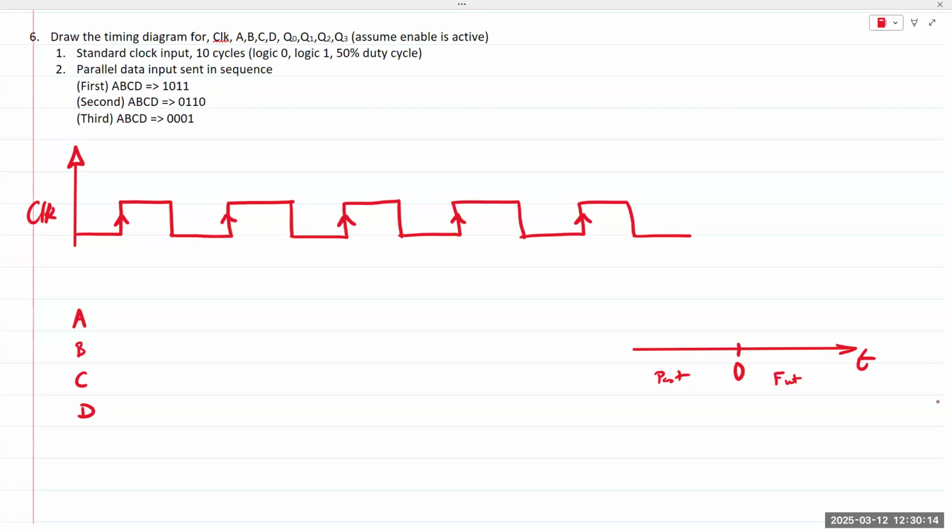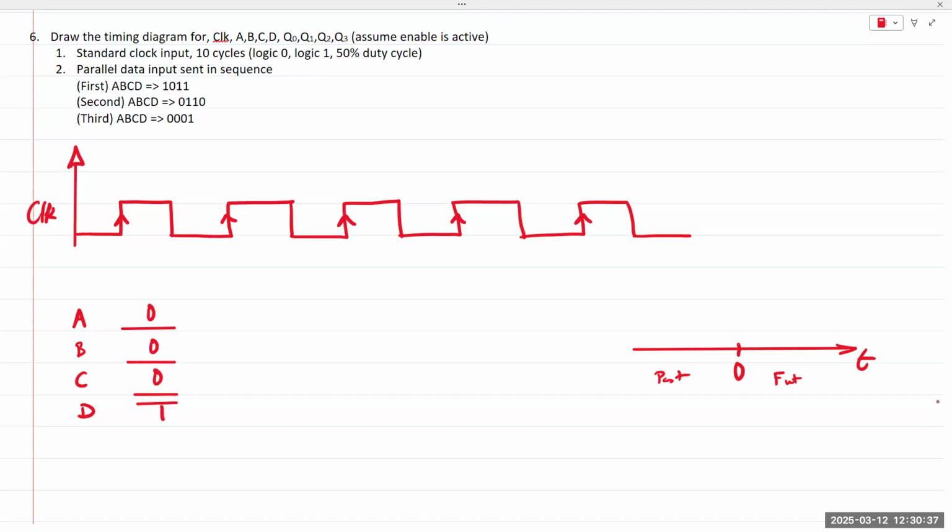Start with the third one. The third one is 0, 0, 0, 1. So A is 0, 0, 1. B is 0. C is 0. And D is 1.